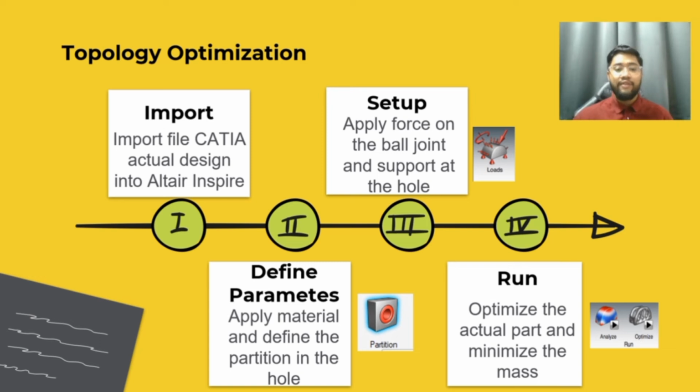The next step is to define the parameters by applying the material and defining the parts which are fixed and not to be removed, such as the chassis mounting and the knuckle joint, and applying the force on the ball joint and support at the chassis mounting hole. After that, optimize the actual part and minimize the mass. The last step after I run the optimization process is to make the organic shape smooth by using the PolyNURBS feature in Altair Inspire.